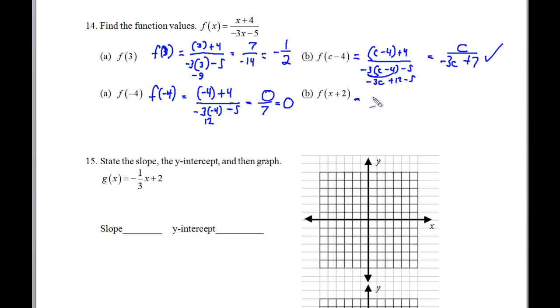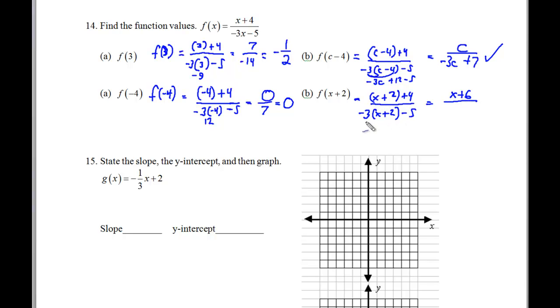And as another problem to give you practice, we're going to put our x plus 2 into our numerator for our x, so it just becomes x plus 2. And down here below we have negative 3 times x plus 2 minus 5. Our numerator gets simplified. X plus 2 plus 4 is x plus 6.